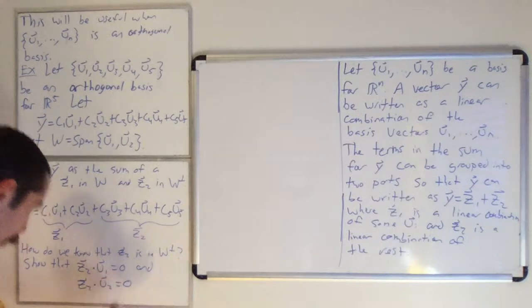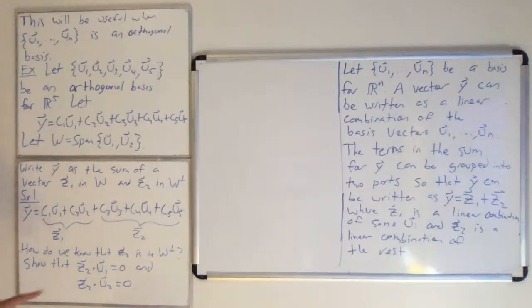Right, so if we show that this vector is orthogonal to both of the basis vectors of W, then it's going to be orthogonal to anything in W.